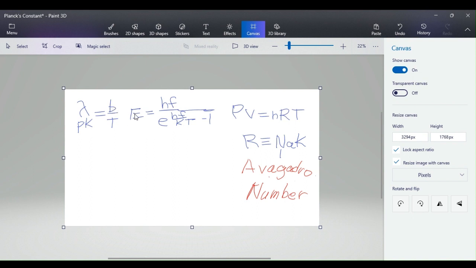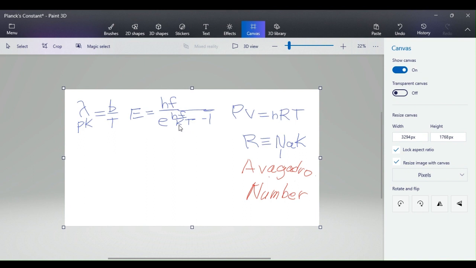And here's the idea that Planck had to match up with this peak value. Here's his constant times frequency over the natural logarithm base e to the Planck's constant times frequency over kT.